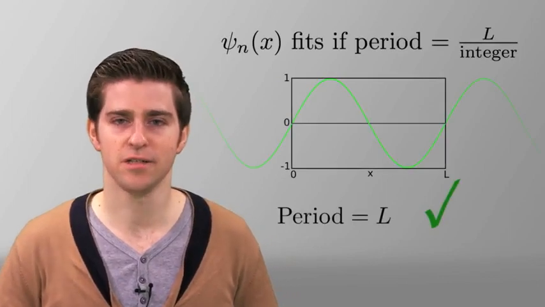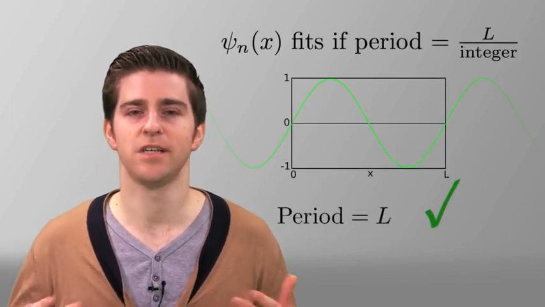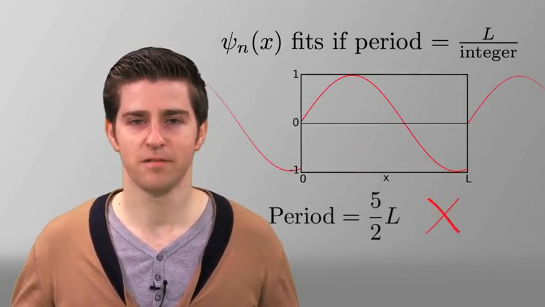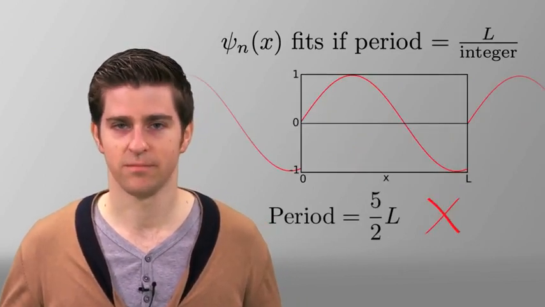When we put the particle into a box of size L, say by periodic boundary conditions, then we can only use sine or cosine waves whose period is equal to the box length L. Other waves simply don't fit.